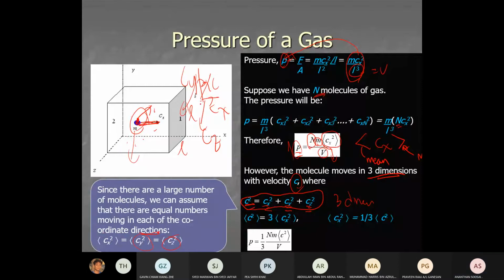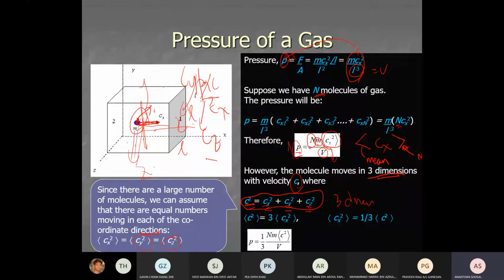Why must the speed in every dimension be the same? Because the pressure on all surfaces is the same: the pressure in the x direction, y direction and z direction.